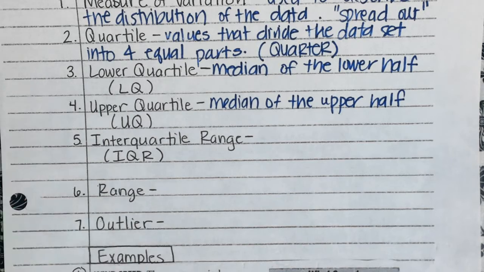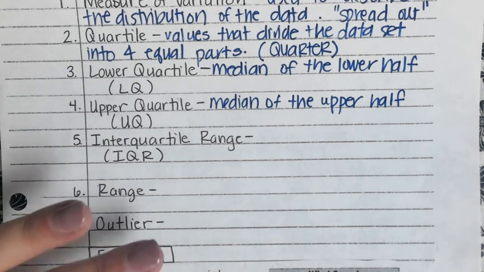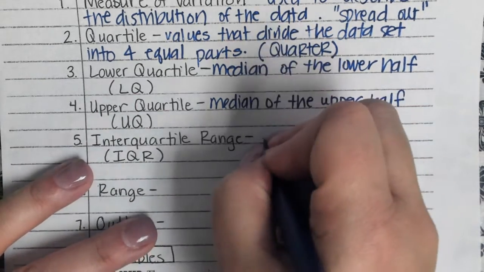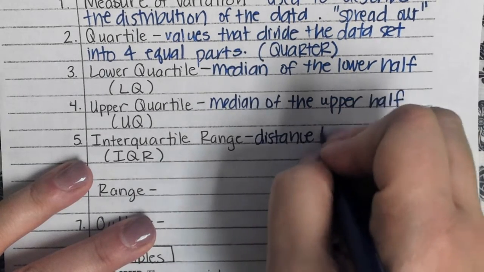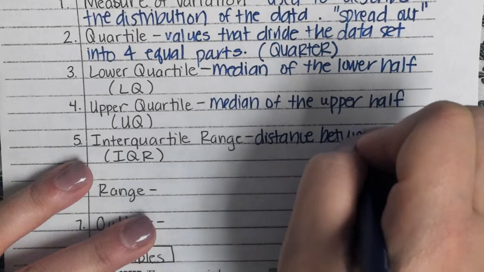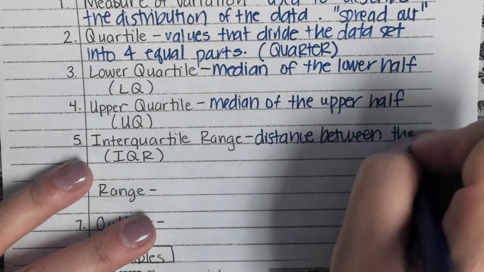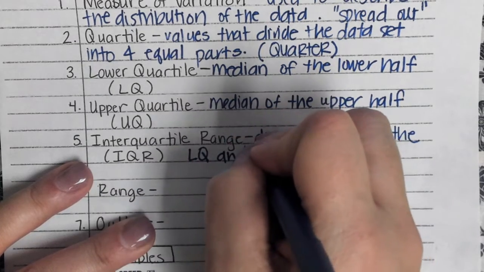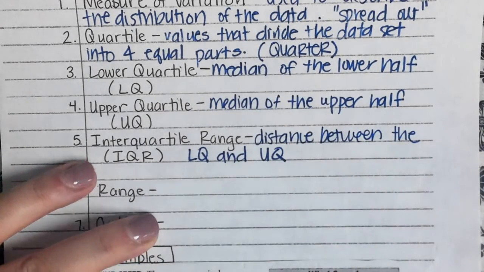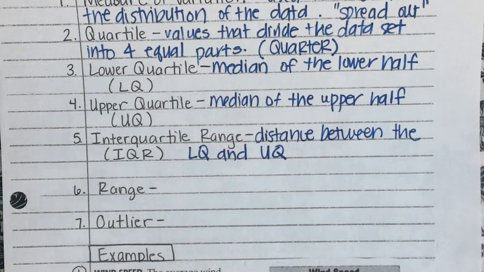The distance between. So now that we're doing interquartile range, it is the distance between the LQ and UQ, between the lower quartile and upper quartile.